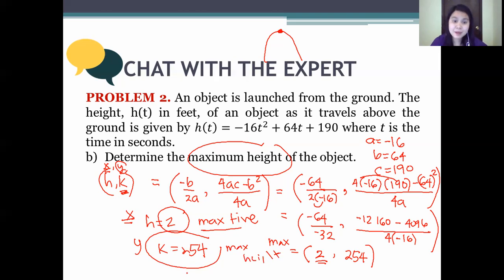And its maximum height is 254 feet. But if the question is, after how many seconds will the object reach its maximum height? Then the answer will be 2. After 2 seconds, the ball or the object will reach its maximum height, 254 feet. Now, any questions?